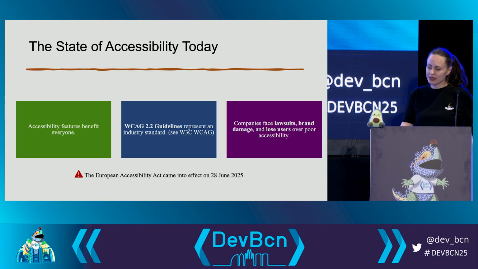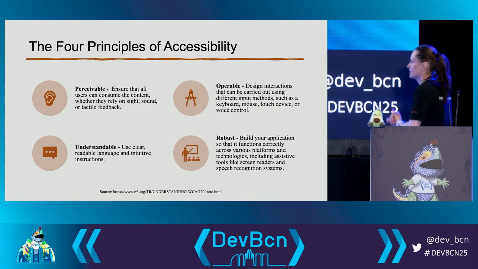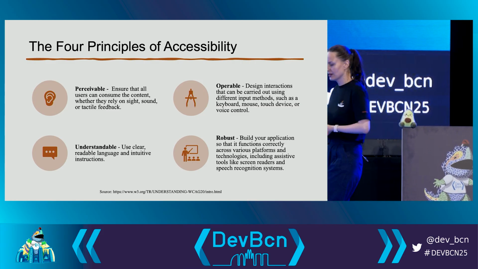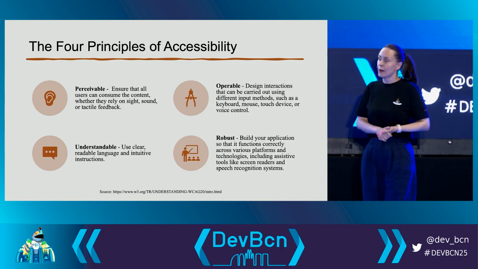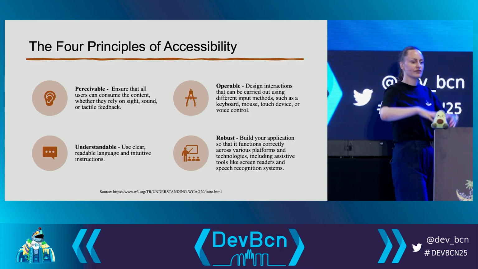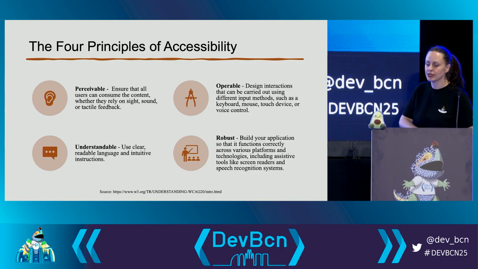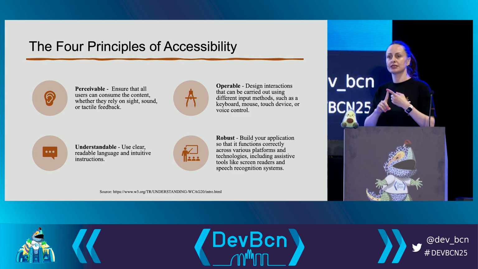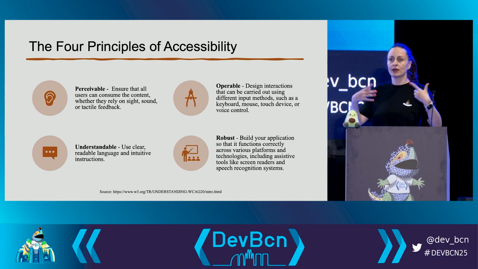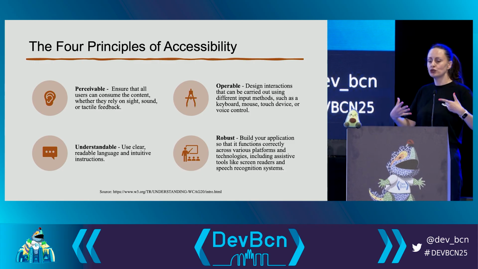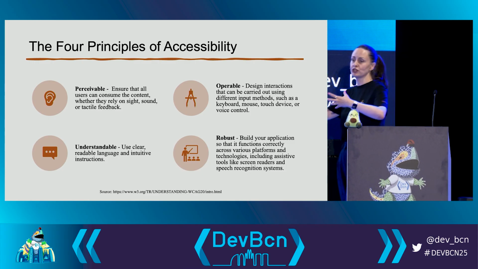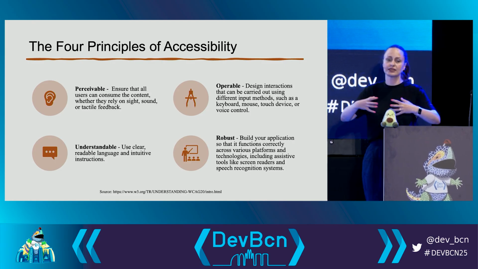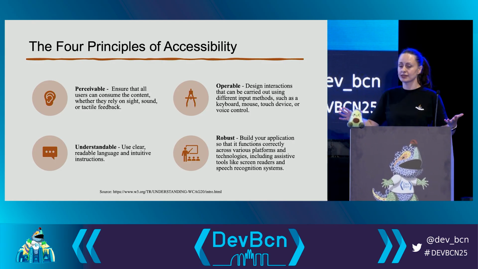But what does it mean to be accessible? What do those principles of accessibility mean? So we had that definition about what accessibility means, but the principles that make the foundation of accessibility are the 4 that you see here. What they actually say is that nobody should miss out on something in an application due to how they access the information. So everybody should have equal access to the information regardless of how they access it.